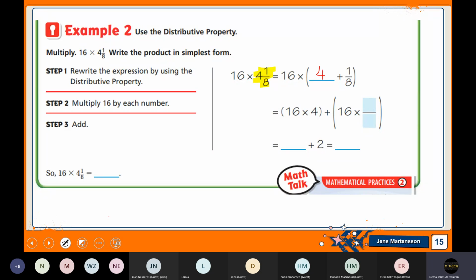Then it is distributive. What do I mean by distributive? It means I will distribute the 16 and multiply it by 4, and then multiply it by 1/8. So 16 times 4 and 16 times 1/8.